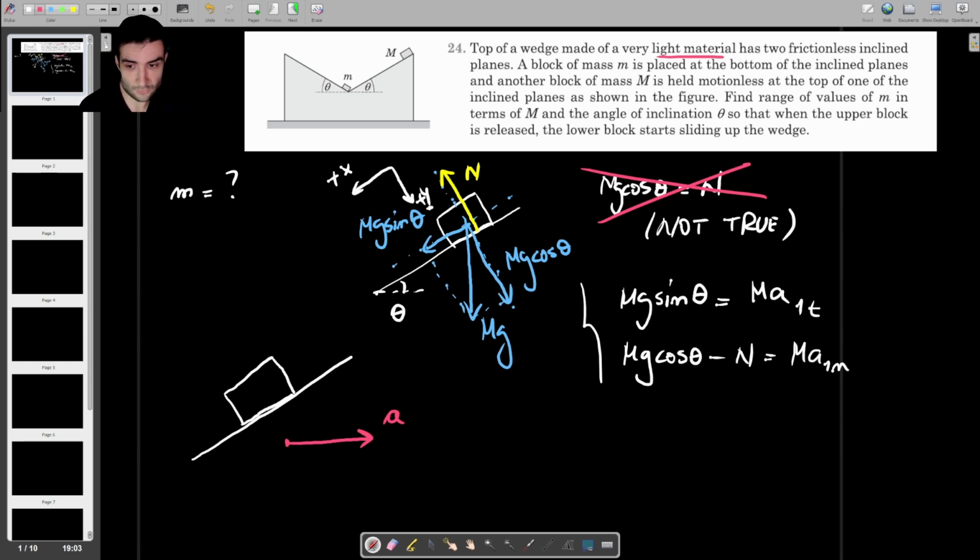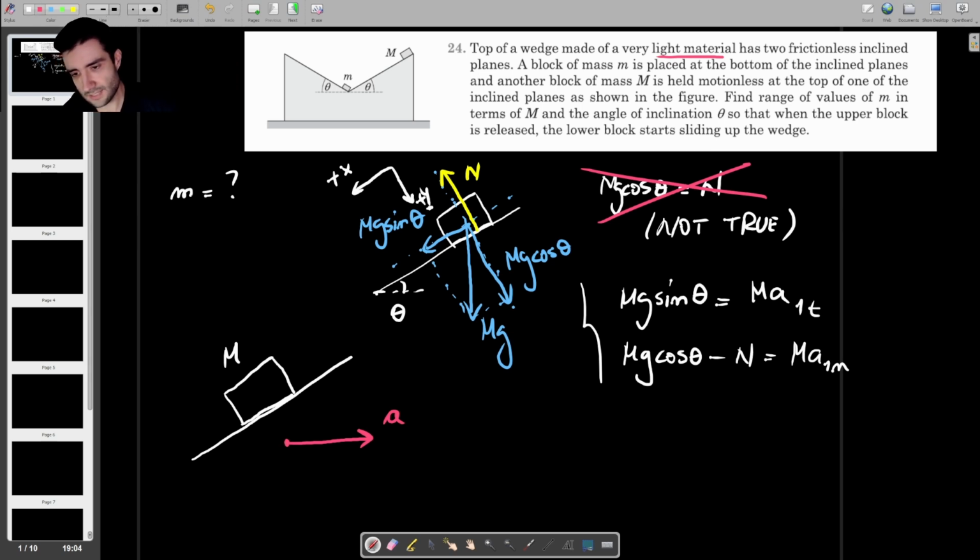Now the next thing to keep in mind is that both objects, but I'm talking about object M for now, are not detaching from the wedge. It stays on it. So in a sense, it moves with the wedge, but what this means mathematically is the following.